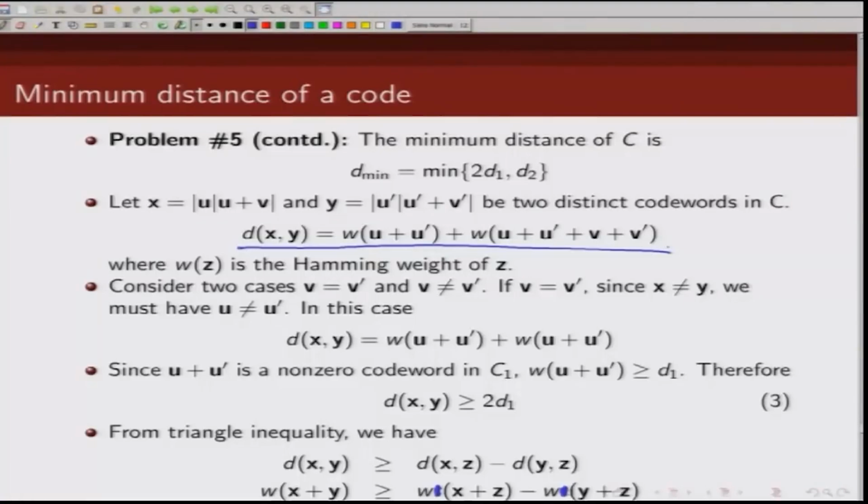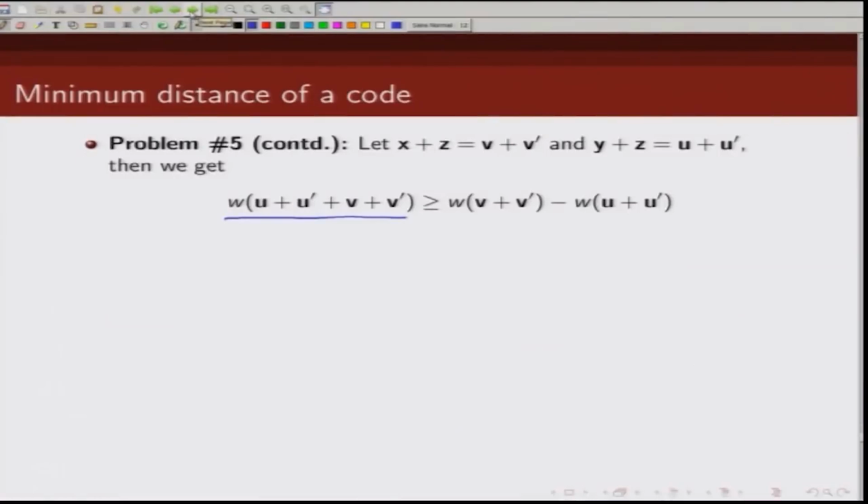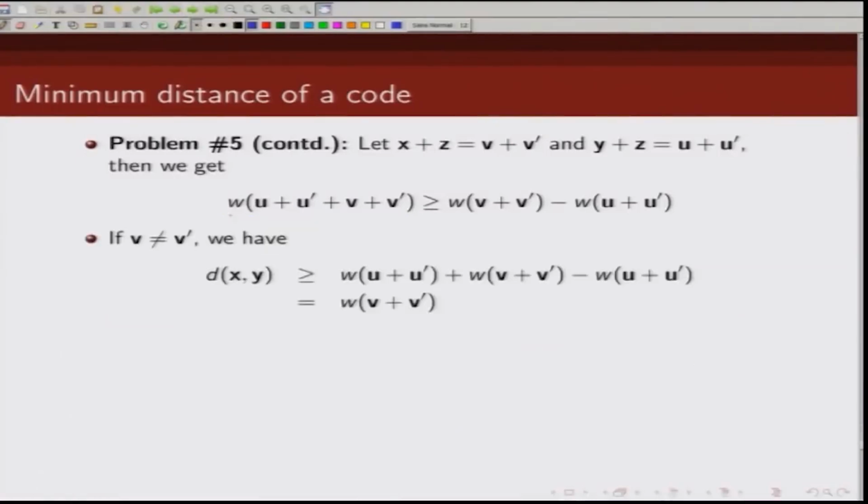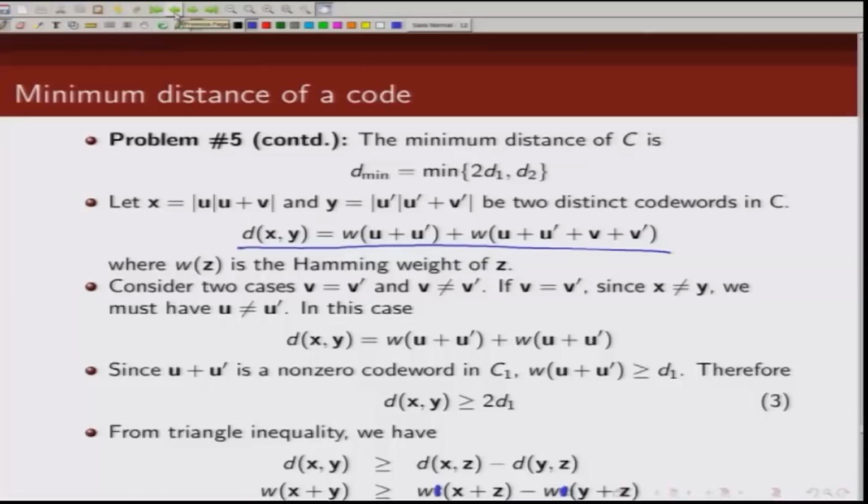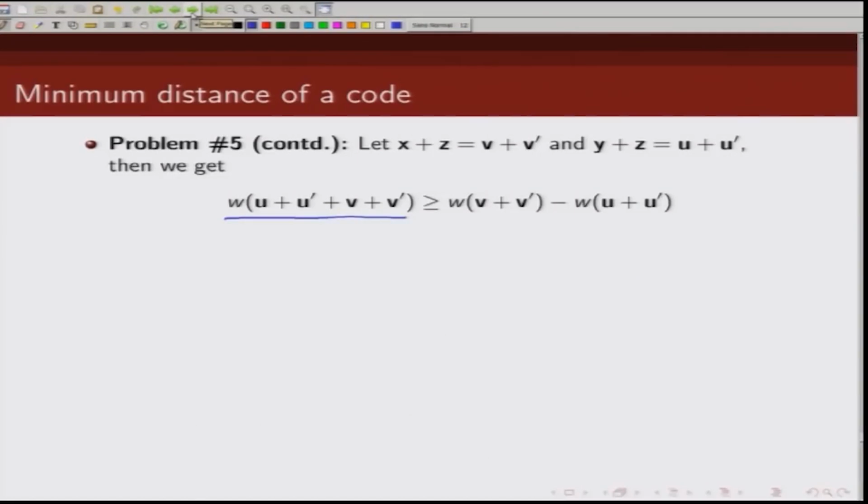So the Hamming distance between x and y is then greater than or equal to this term, which comes from here, and this term is lower bounded by this term here.